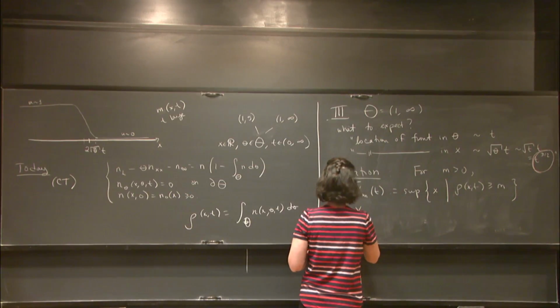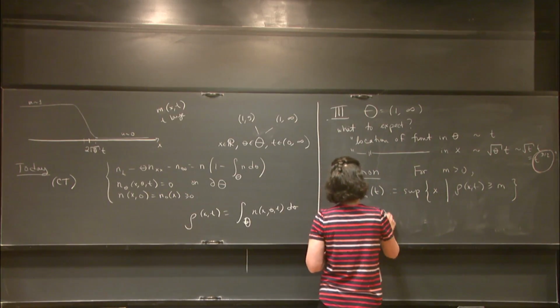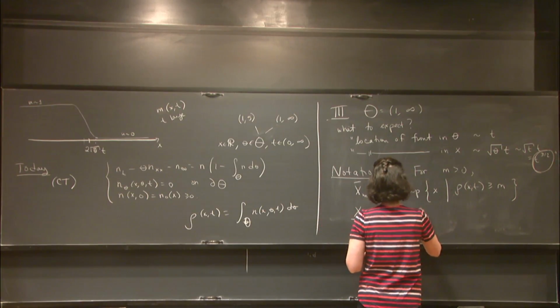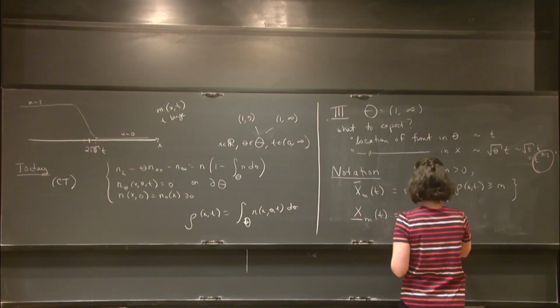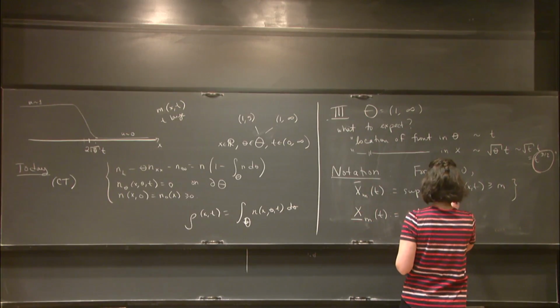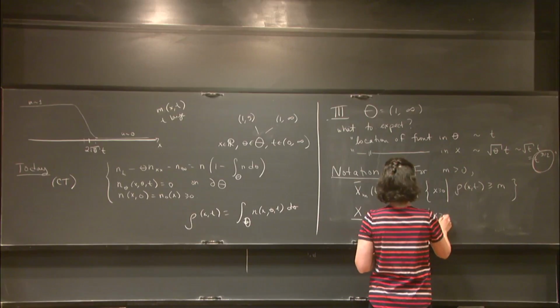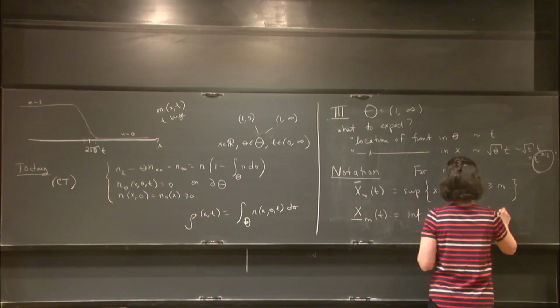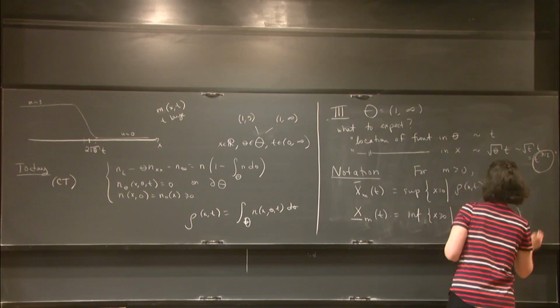And I'm going to use x lower bar m of t to denote the smallest x, I should say, I just put both of them positive, such that rho of x, t is smaller than m.